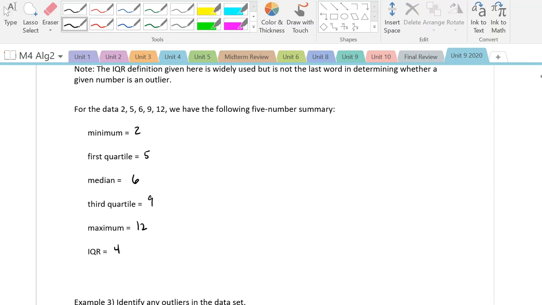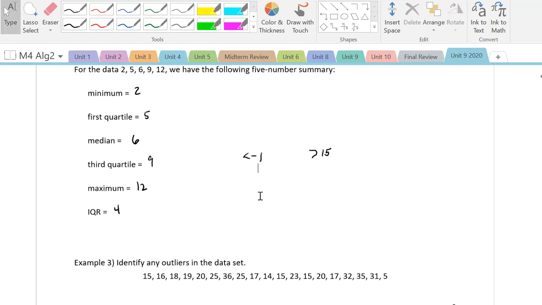It doesn't ask us to do this, but 1.5 times our IQR is 6. So anything greater than 15, that's 9 plus 6, would be an outlier. So there's no outlier on the top. And anything less than negative 1, no outlier on the bottom. So this one has no outliers.